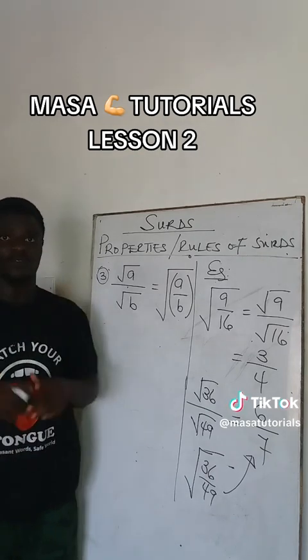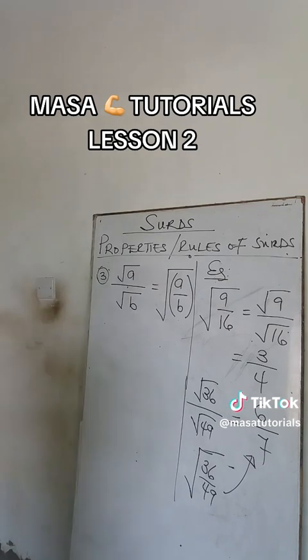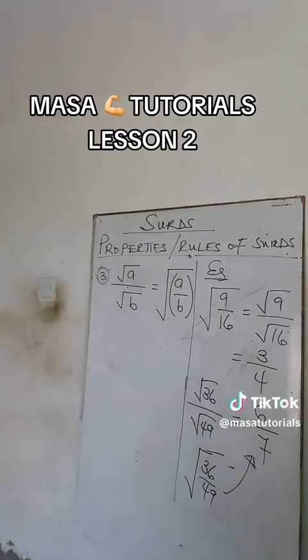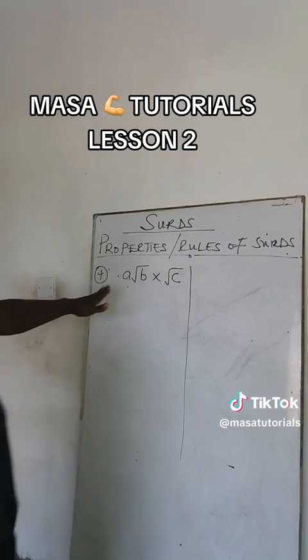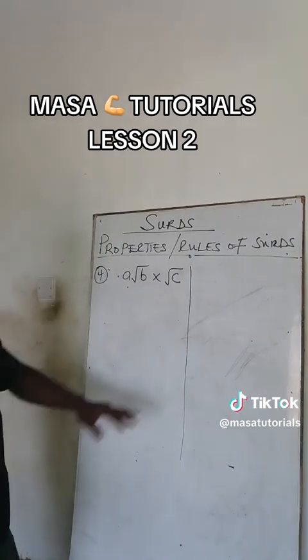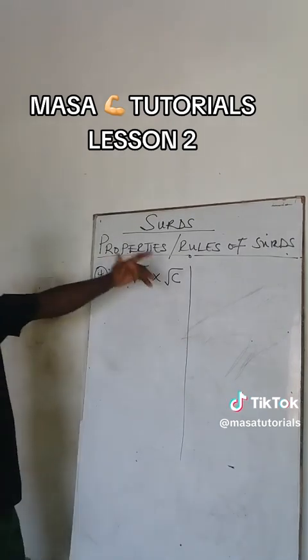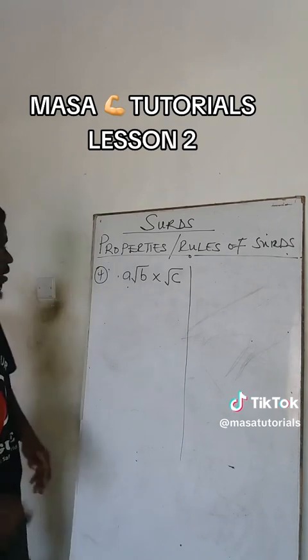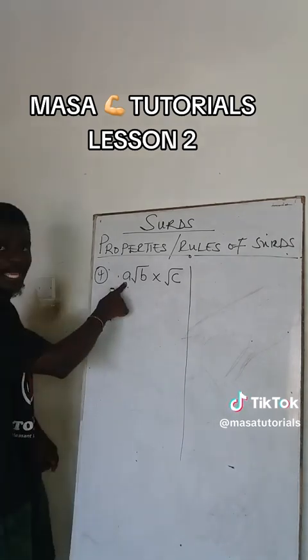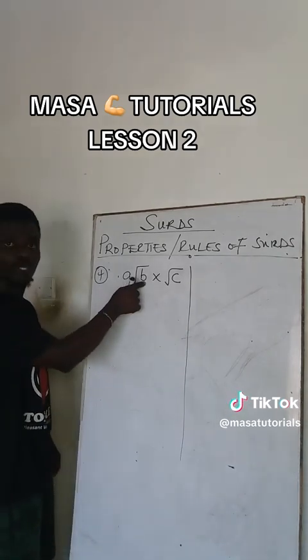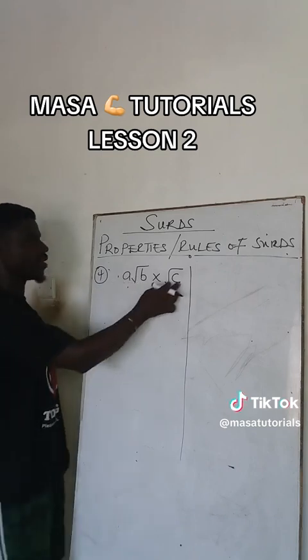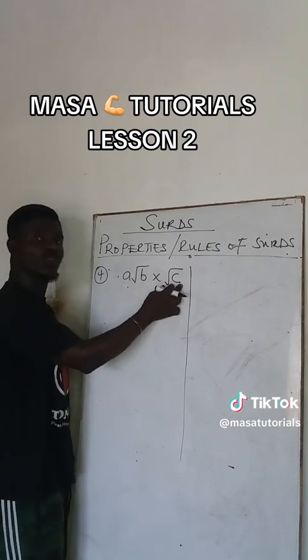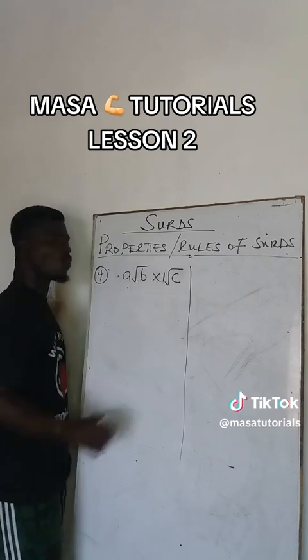Now let's see our fourth property. For this we have A square root of B times square root of C. When it happens like this, this A is the coefficient of square root of B. The coefficient of square root of B is A. The coefficient of square root of C is 1.